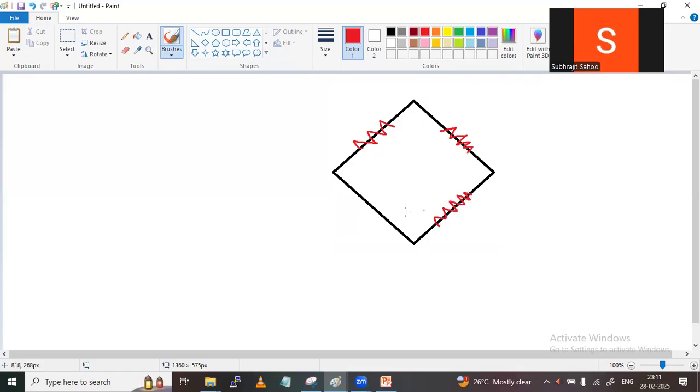This is used to calculate the resistance of any circuit, or you can calculate the current also. Now, this is the supply voltage supply here.